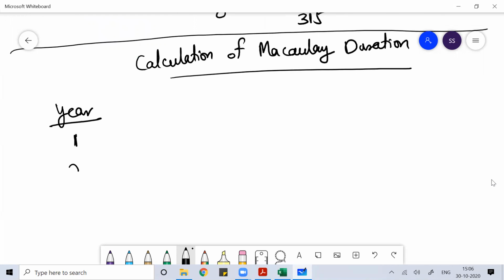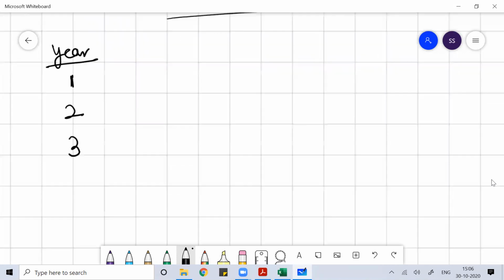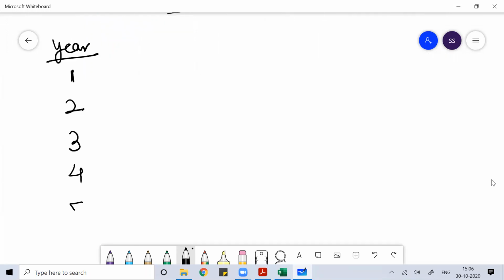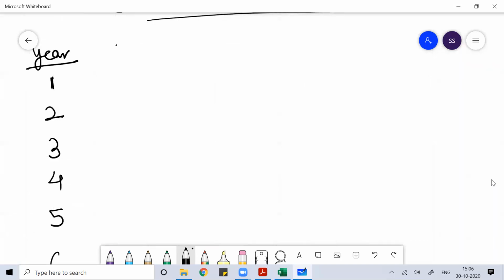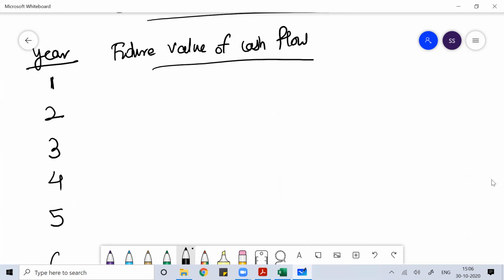Total 6 years: 1, 2, 3, then 4, 5, and then 6. So what is the future value of the cash flow? You can write it.